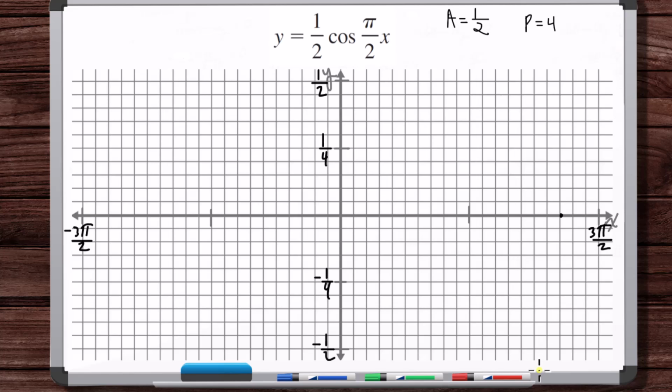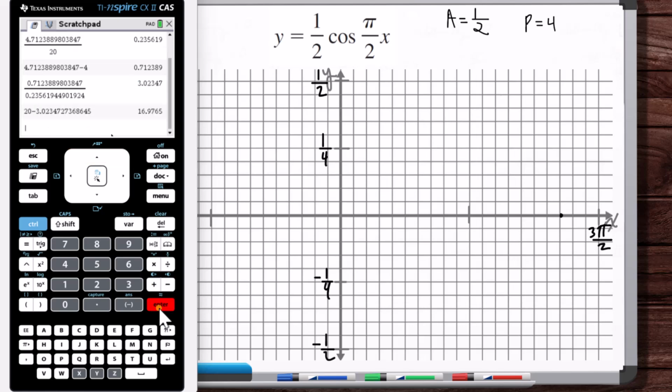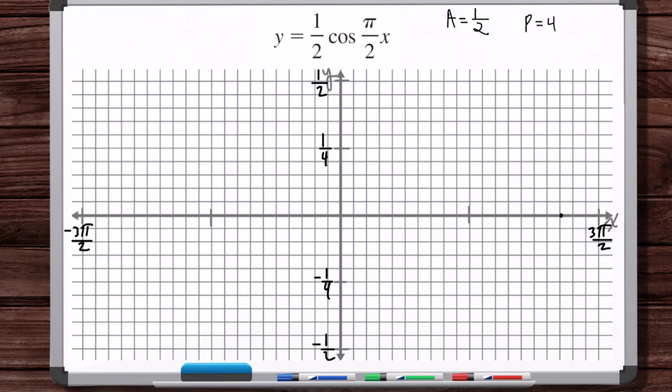Okay, now if we say 20 minus this, that's how many tick marks a period is. Now let's divide that by 4. So about 4.4 and a quarter. 1, 2, 3, 4.